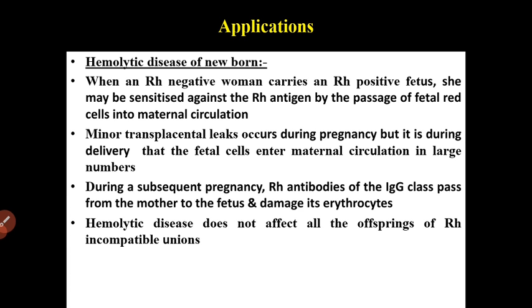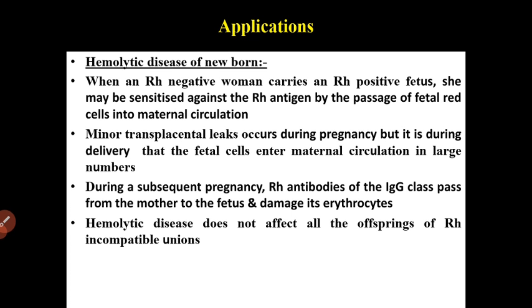Now what happens? When an Rh negative woman carries an Rh positive fetus, she may be sensitized against the Rh antigen by the passage of fetal red cells into maternal circulation. Minor transplacental leaks may occur anytime during pregnancy.